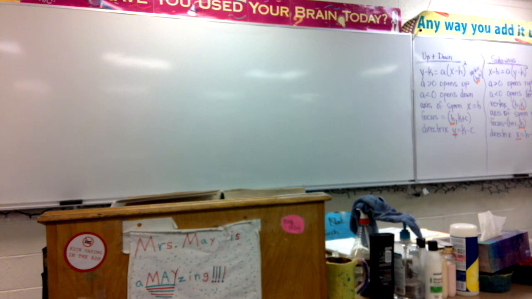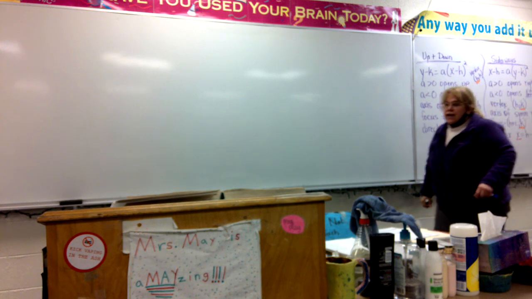If it's going sideways, the vertex is the point farthest to the right or the left. And the focus is a point inside here, and the directrix is a line down here so that this distance and this distance is the same. I don't really care if you know that or not.